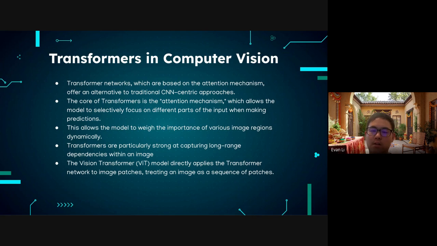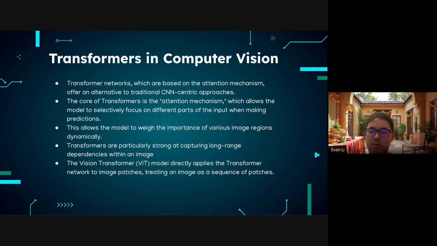In contrast, the attention mechanism in transformers allows the model to directly relate any part of the image to any other part, regardless of their spatial distance. This capability is crucial for understanding global context and complex relationships within visual scenes.